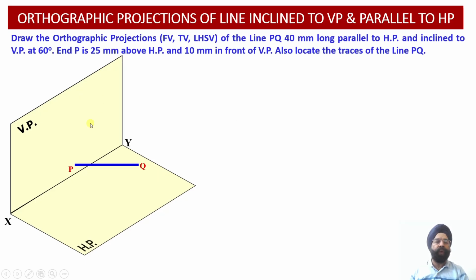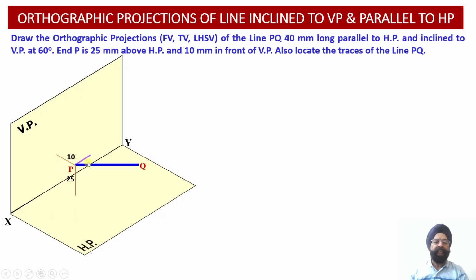Thereafter, we will be locating the front view projection of the line, and because of the inclination of this line with respect to the vertical plane, the front view projection that we are going to obtain onto the vertical plane will reveal the apparent length of this particular line PQ in the front view.